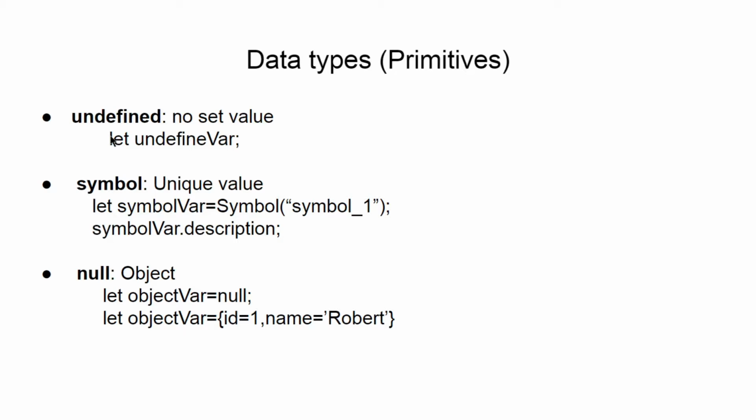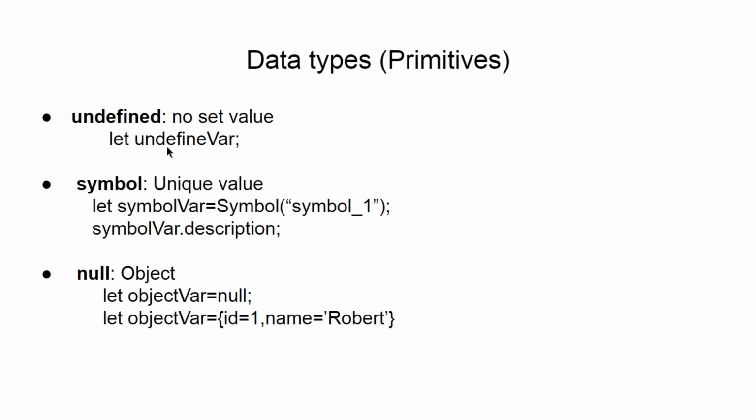We have the keyword, and we are using only the name of the variable, and there is no assignment operator and value. Okay, for that reason, this variable with the name undefinedVar is going to have the undefined data type.